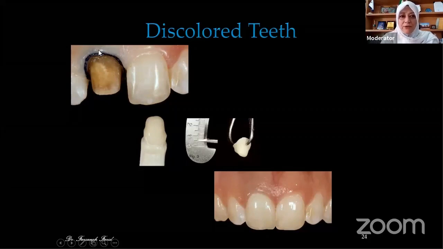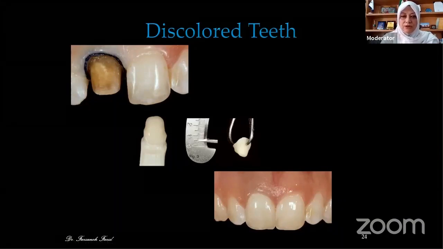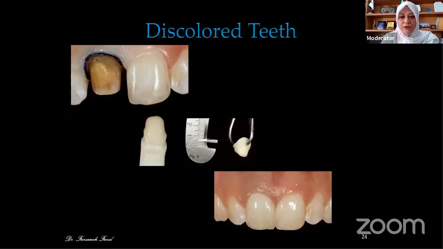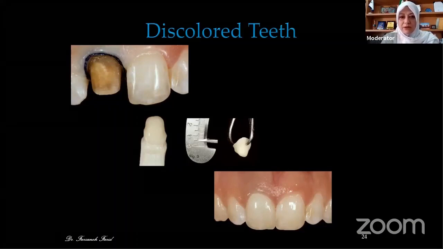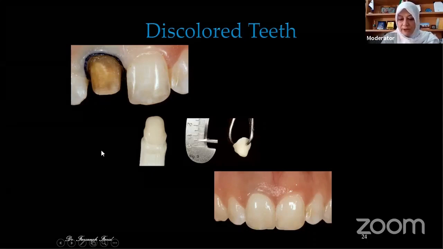However, if the color of the tooth can be seen through the gingiva, and the gingival type is thin, it is better to use metal ceramic crowns, because metal ceramic crowns can be made thin at the margin. But for full ceramic restoration, to have coverage of the discolored tooth, it must be very thick.